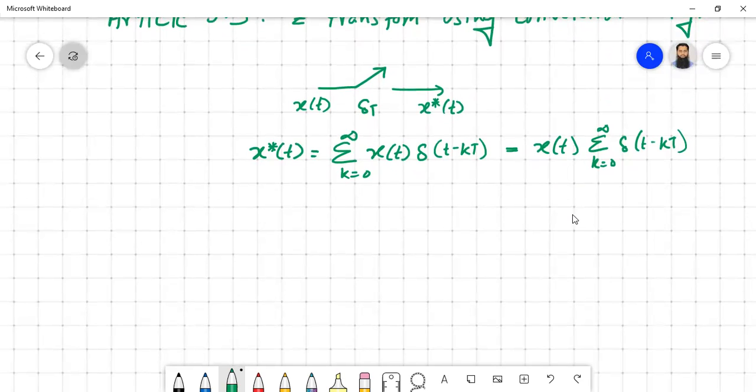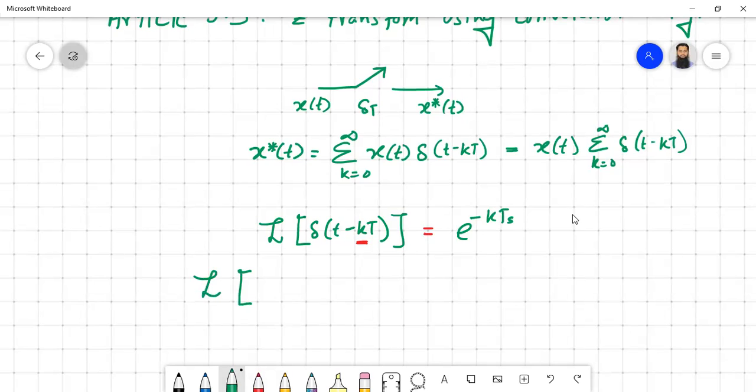We already know that the Laplace transformation of delta t minus kt is basically a delay by kt. The magnitude is 1, so it will simply be e to the power minus kts. Since we have a summation, let's see how the summation behaves in the Laplace transformation.